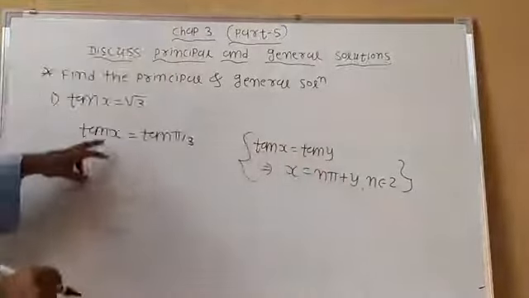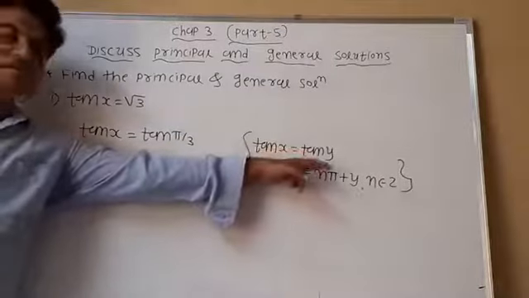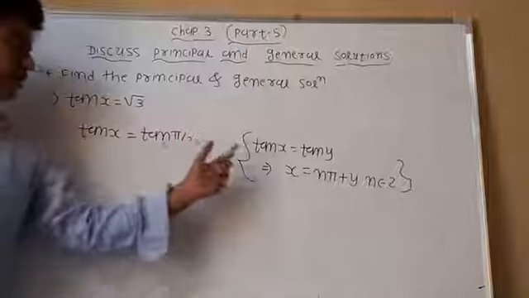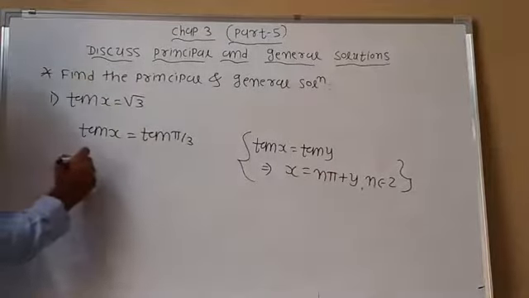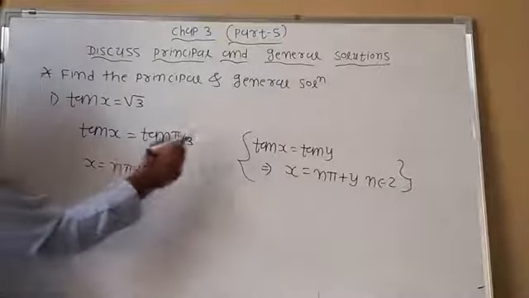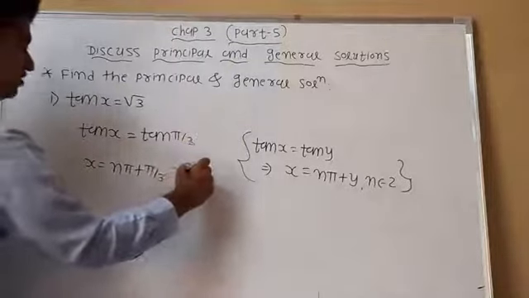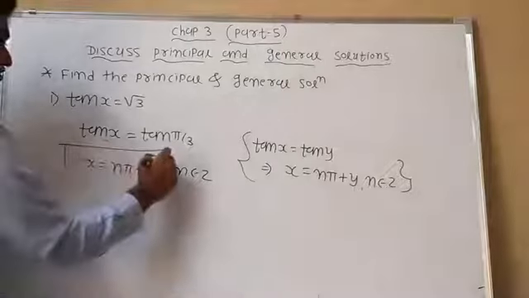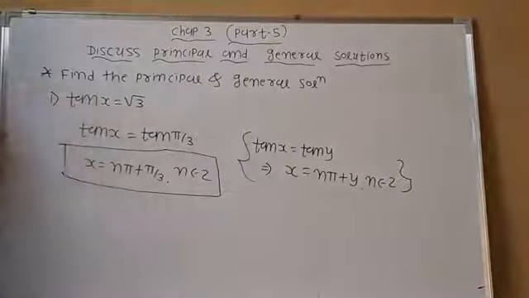Okay, so here 10x is equal to 10 pi by 3 form is present. That means consider y as pi by 3, and using this result substitute the value here. So x is equal to n pi plus pi by 3, small n belongs to z. So this value is our general solution of this equation.